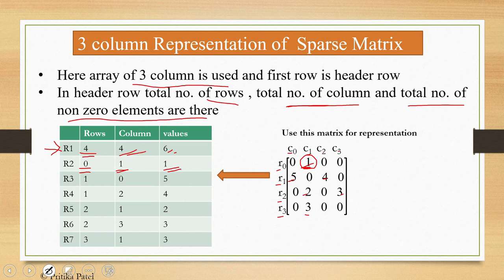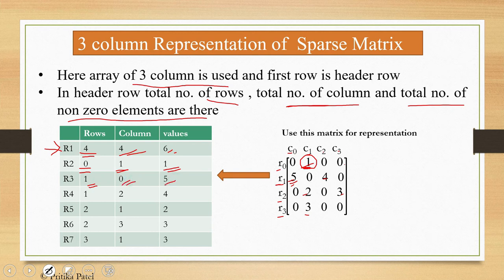Written in this way. Now are any other non-zero elements there in the R0 row? No. All the elements are 0. So now move on to row 1. In row 1, column 0 has element 5. So row 1 and column 0 has element 5.